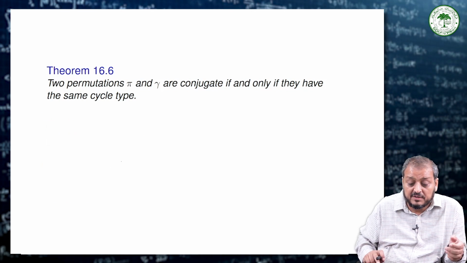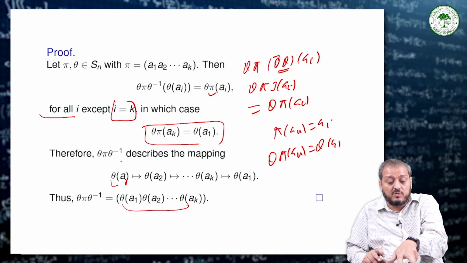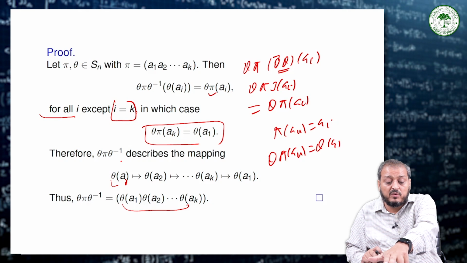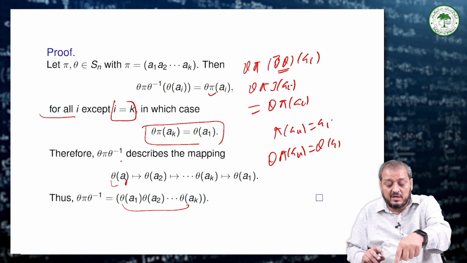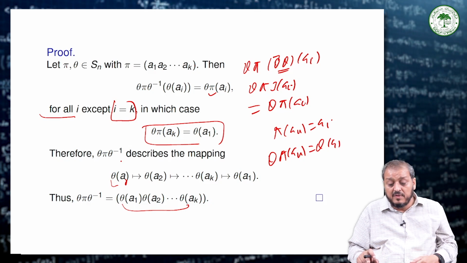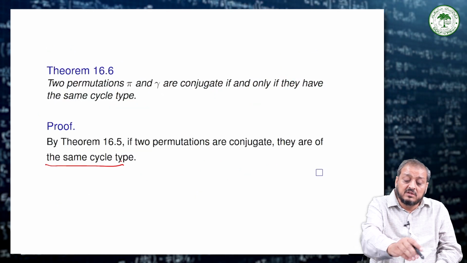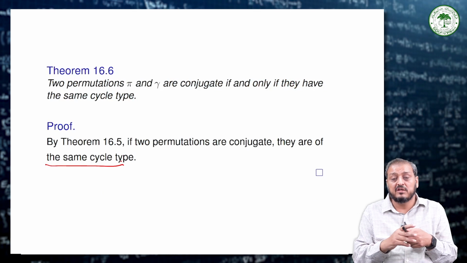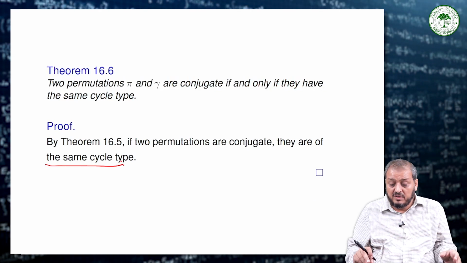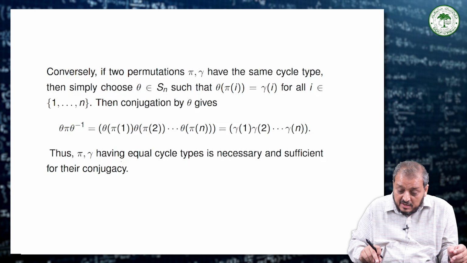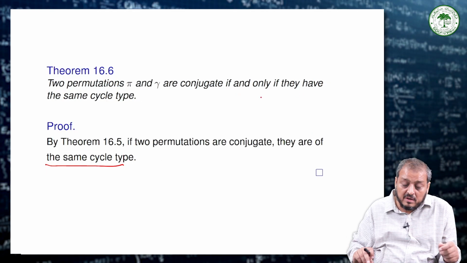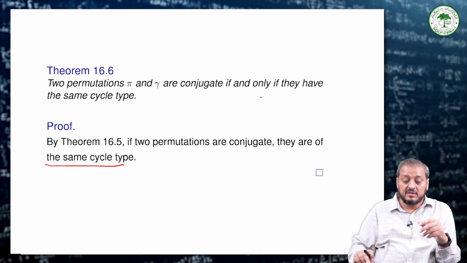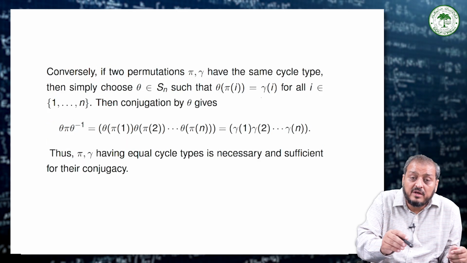We write pi as (a1 ... ak), and conjugating by theta gives another cycle of the same length. Conversely, if both permutations have the same cycle length, then they are conjugate.